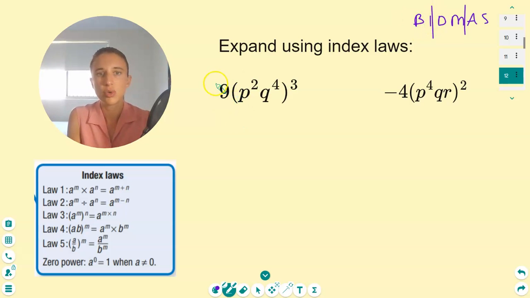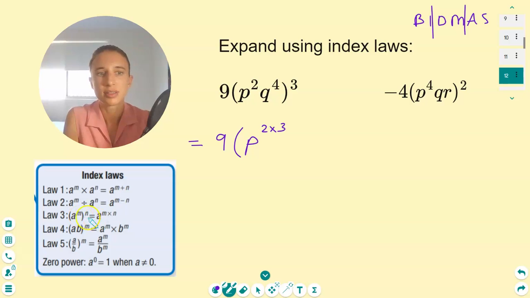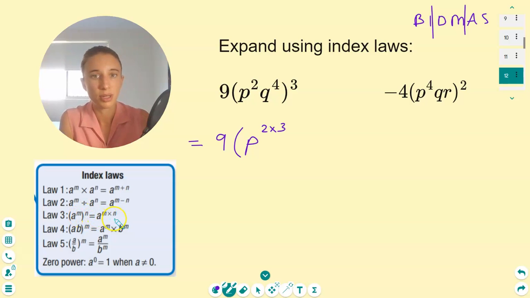So let's just ignore this 9 out the front, write it straight down, and expand those brackets using our index laws. We've got a pair of brackets raised to a power, and that means everything in the brackets must be raised to that power. P to the 2 times 3, since if we're raising to a power, we multiply the powers.